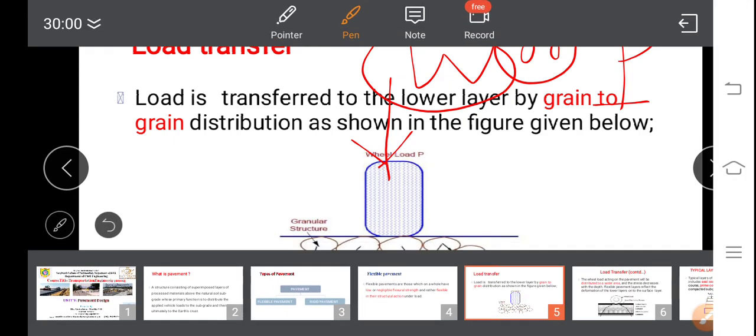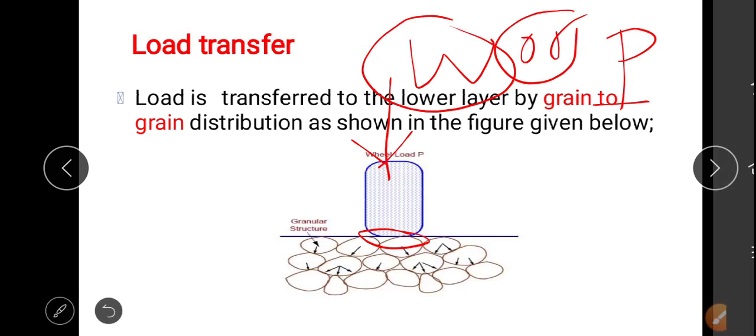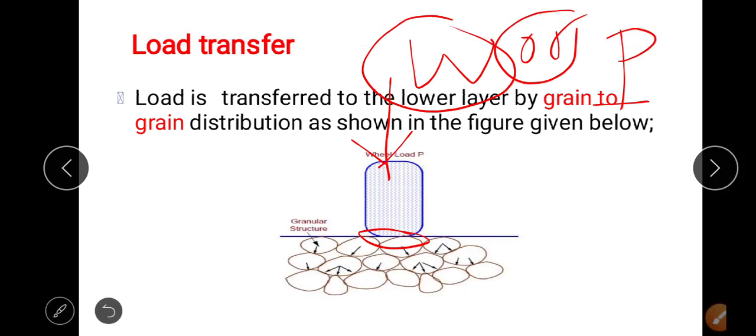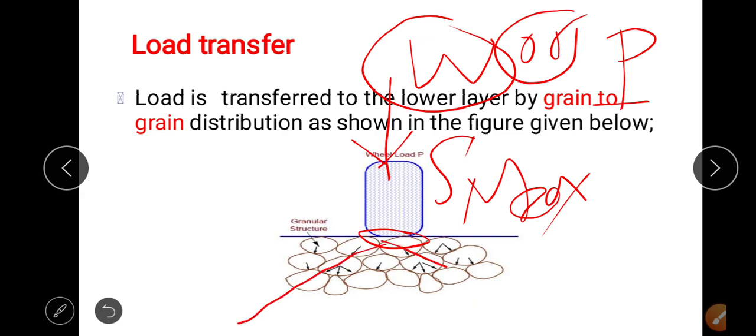what would be the maximum stress at the contact between the tire of the vehicle and the pavement surface? Stress will be maximum. Whereas after it is transferred in the form of a truncated cone, what must be the stress at this level?